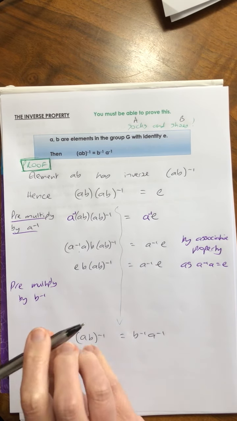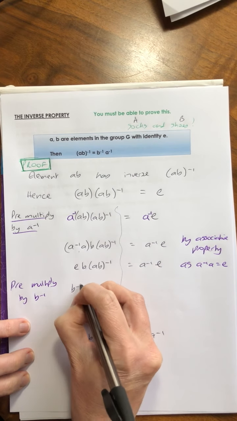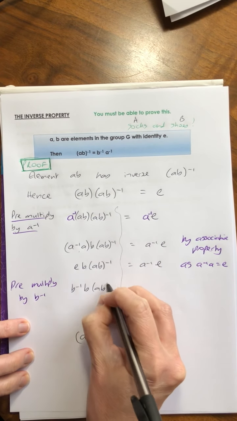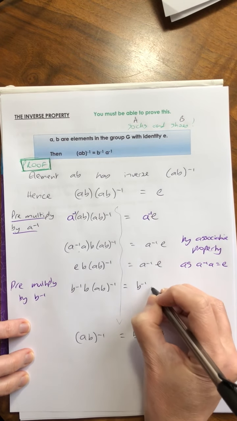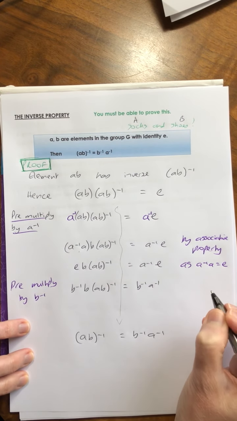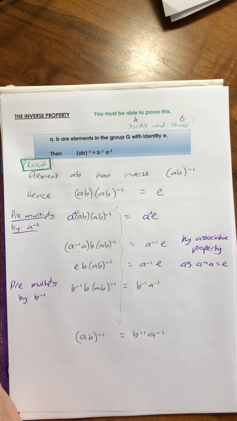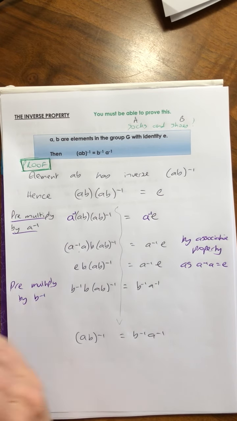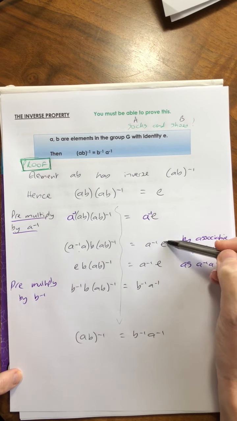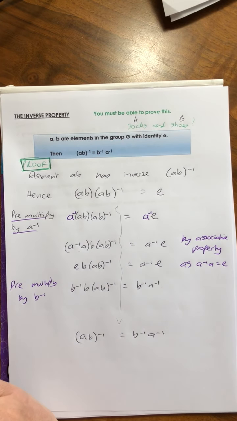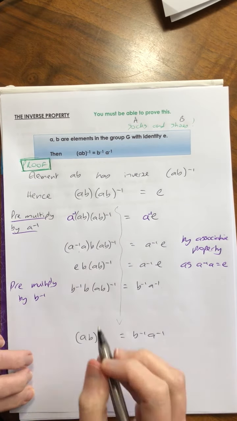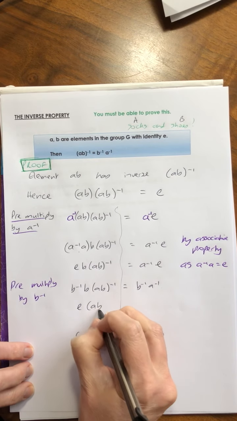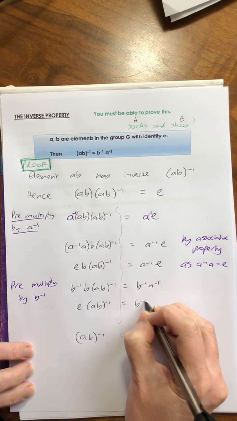So now I have B inverse B, AB inverse, and now I can put a B inverse next to that A inverse there. I've had that E throughout. That, of course, isn't needed. I'm going to forget about that now. And here, I've just got that product. So I can just say that that is equal to E.